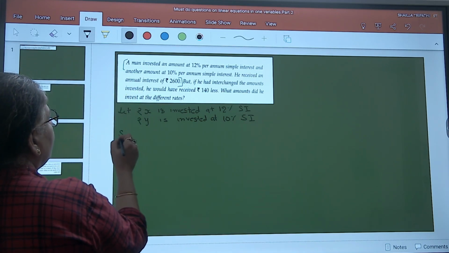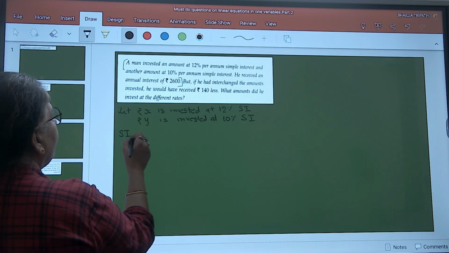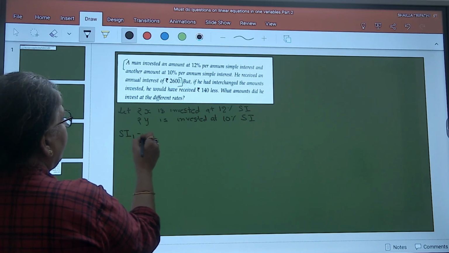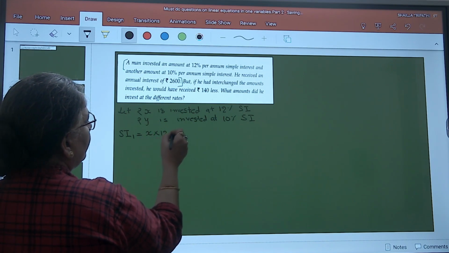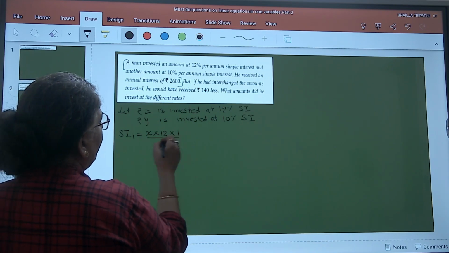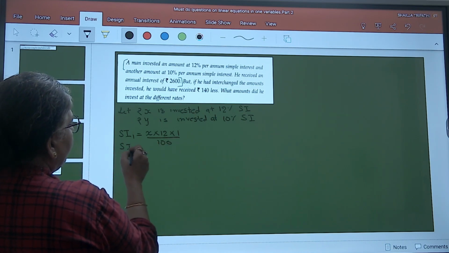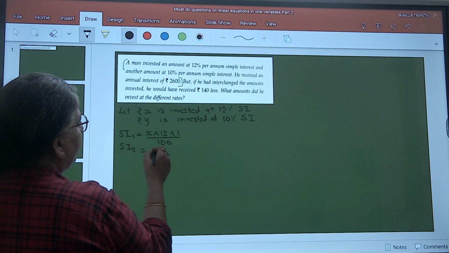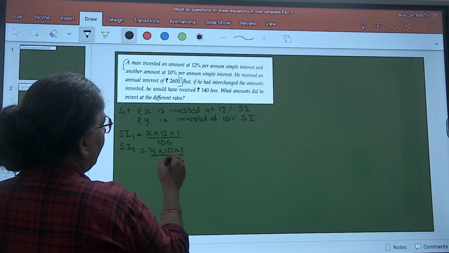So our simple interest SI1 will be x into 12 into 1 upon 100, and SI2, simple interest 2, will be y into 10 into 1 upon 100.